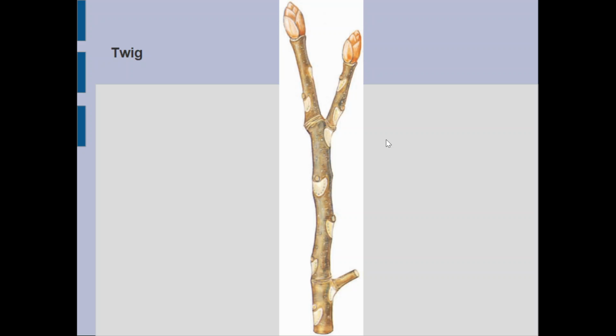And then there is a node here, and then another node, and the place between the two nodes is the internode. And this is a leaf scar.